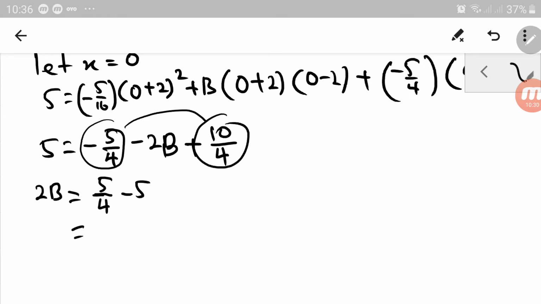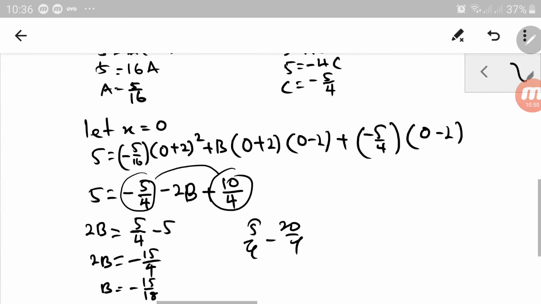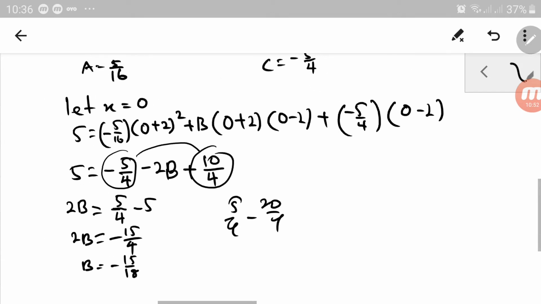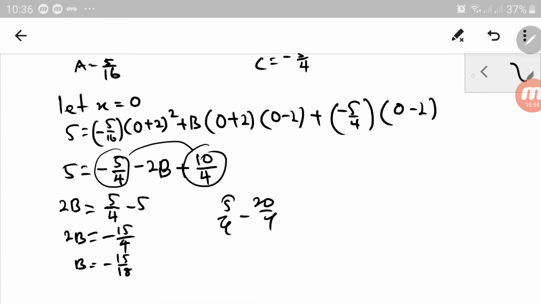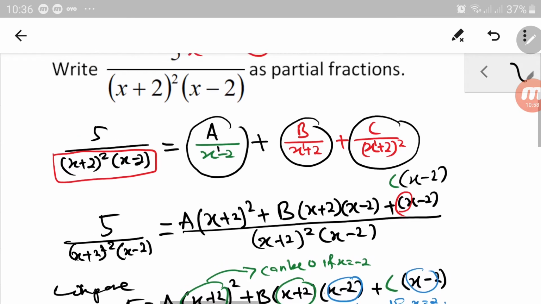So what we have is 5 over 4 minus 20 over 4. So minus 15 over 4 equals 2b. Therefore b is minus, bring over that 2, so 15 over 18. Why is the number so big? Oh well.